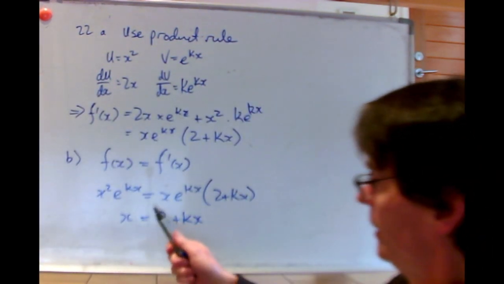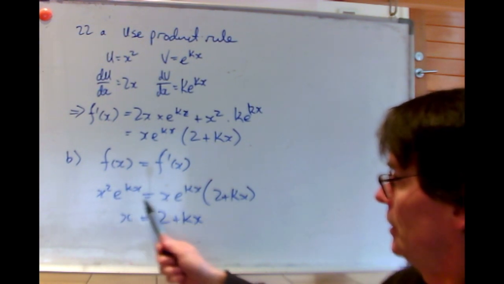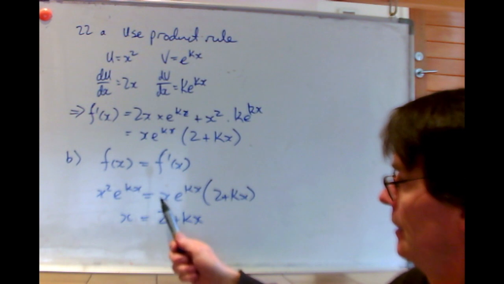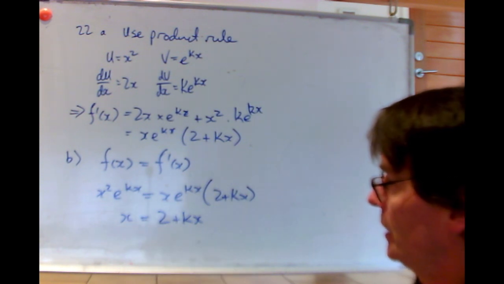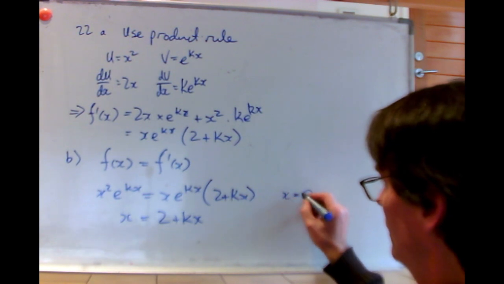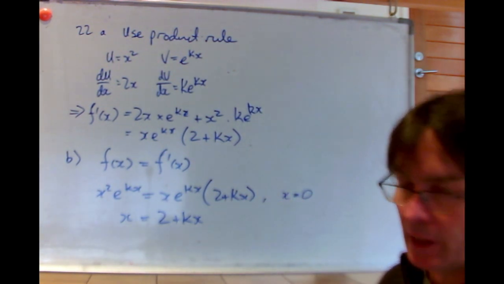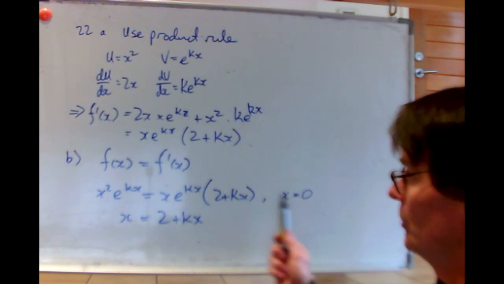Now in this step here, I'm just dividing both sides by x and dividing both sides by e to the kx, but I have to remember that that's going to eliminate this answer. So I'm looking where these are equal.